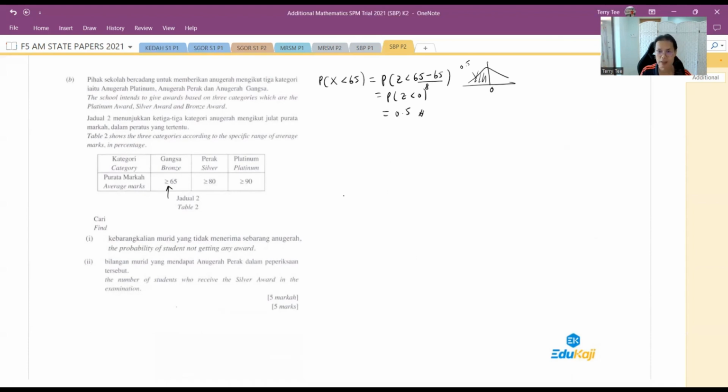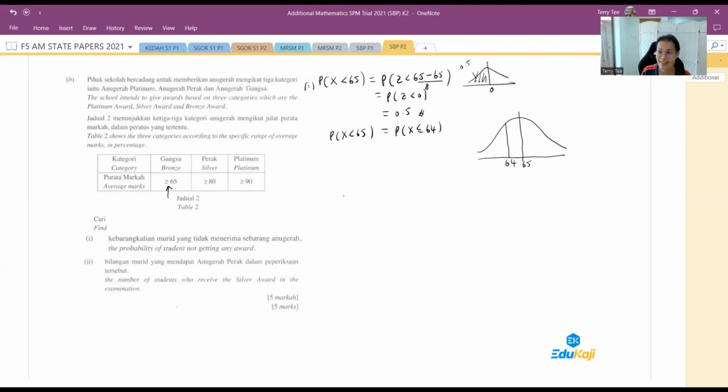Now, however, the marking scheme gives this answer. They say less than 65 means we take less equals to 64. Now, here's something a bit off from your syllabus. I want you to know when you have 65, 65 is in the middle, 64 is here.